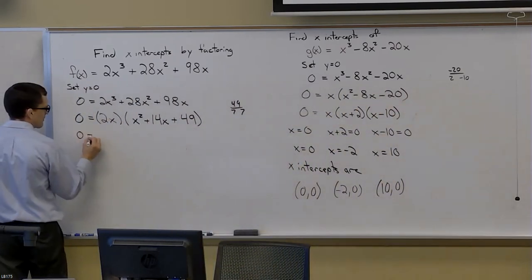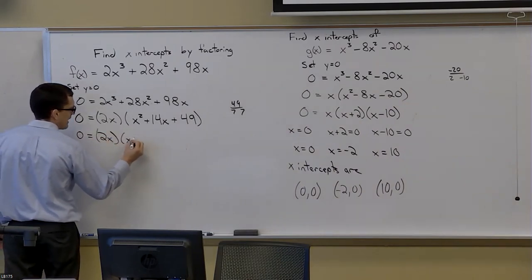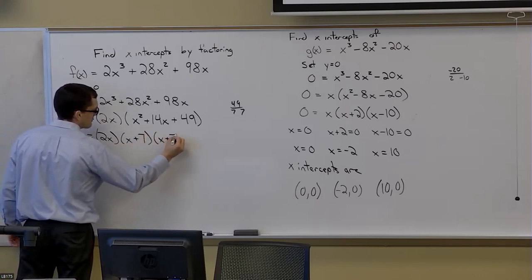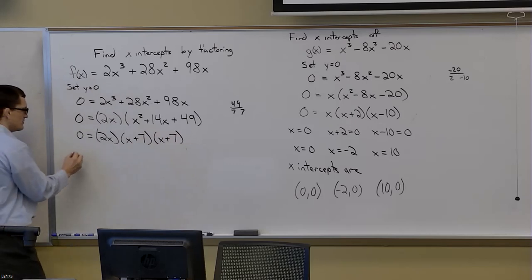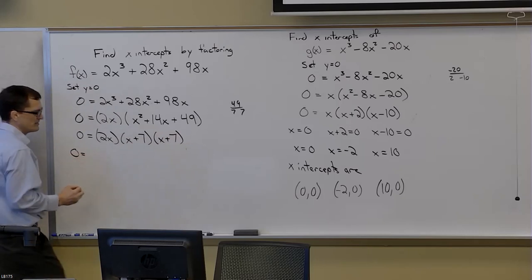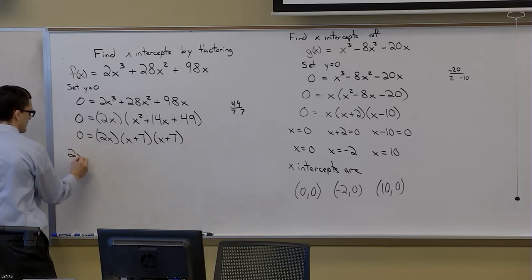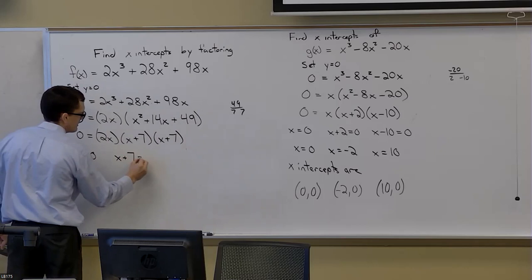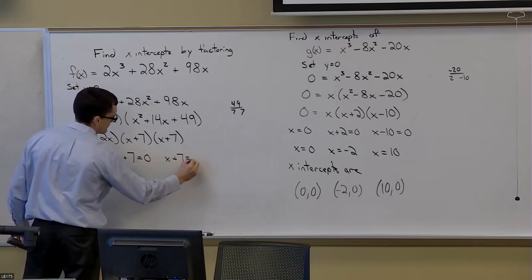So I get 0 equals 2x times (x plus 7) times another copy of (x plus 7). So either 2x is equal to 0, or x plus 7 is equal to 0, or the other x plus 7 is equal to 0.